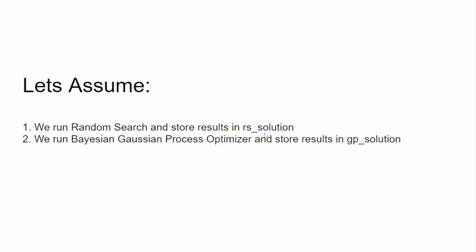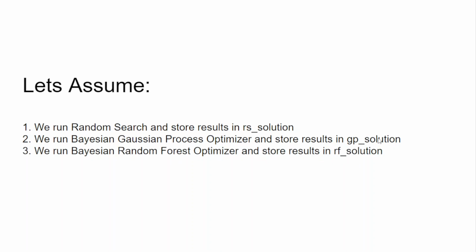Let's now make some assumptions and start visualizing the convergence chart. Let's assume that we are running a random search, and I'm storing the results in this particular variable, RS solutions. I'm also running the Bayesian Gaussian optimizer, and storing the results in GP solutions. So RS solutions is my random search, GP solution is my Gaussian process search.